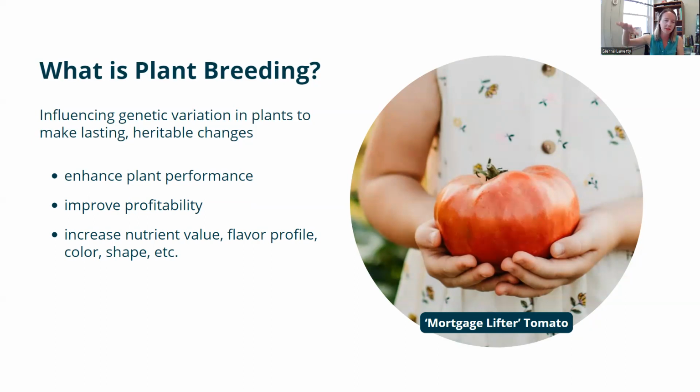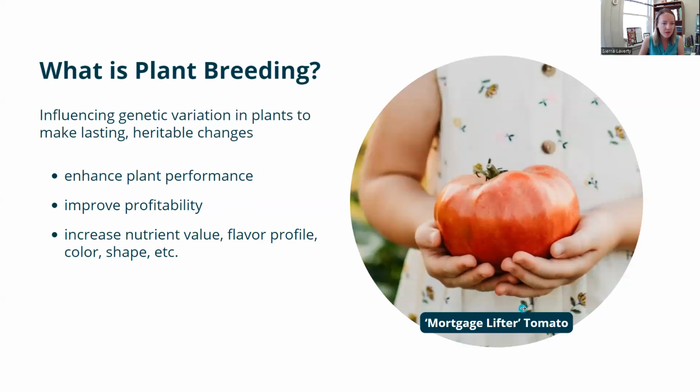Or the shape. That's a big one that people will do. Ornamental plant breeding will be like, this one's smaller than this cultivar, or it's more columnar, or it's much taller, right? So there's a lot of different things we can do when we're plant breeding, a lot of different goals we can have.